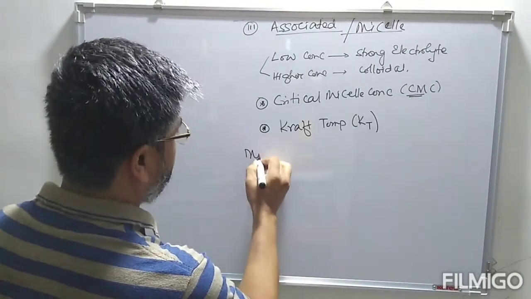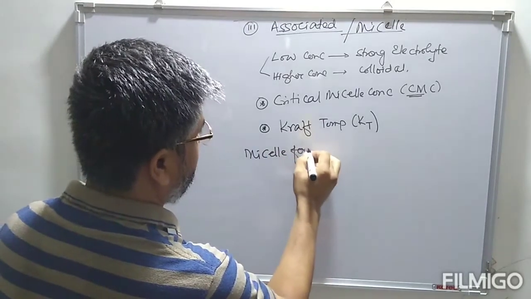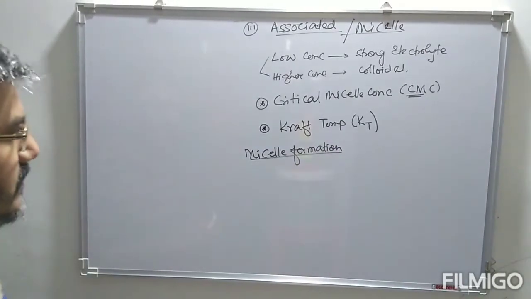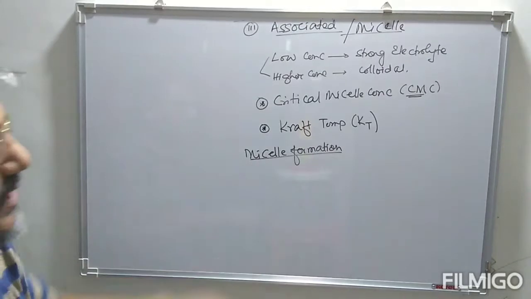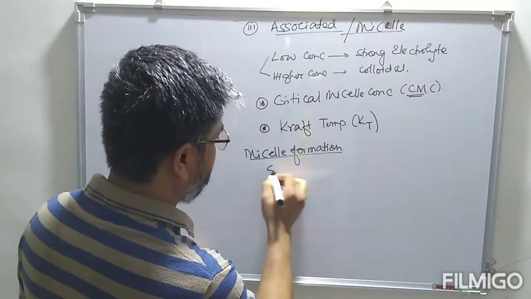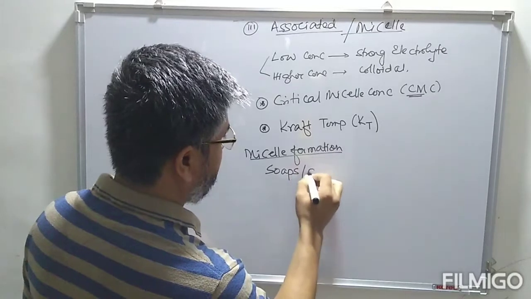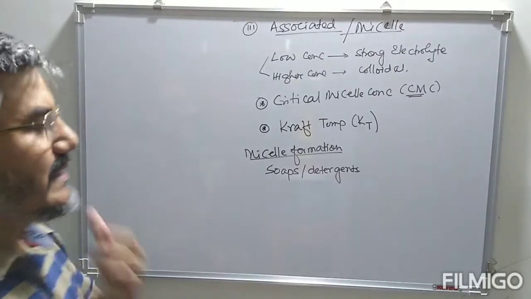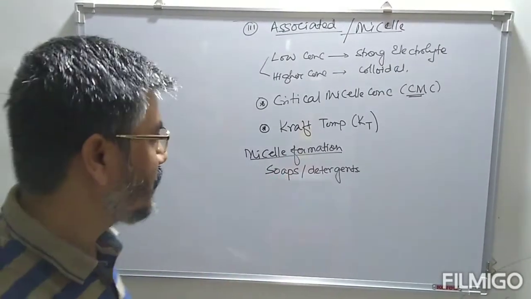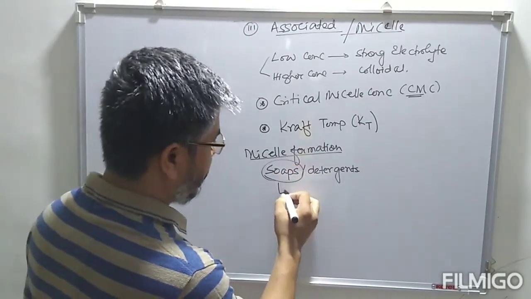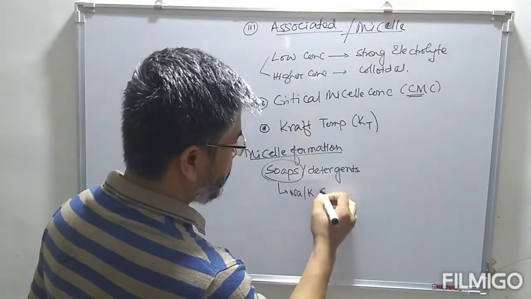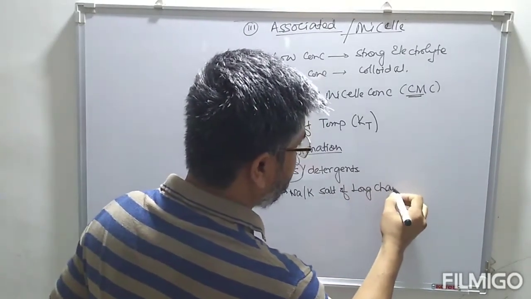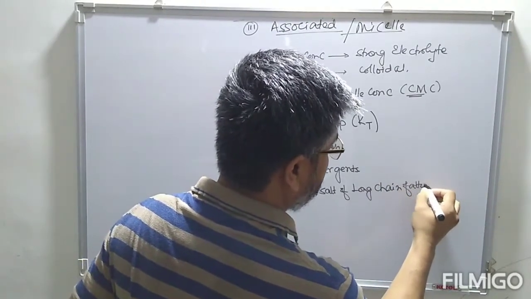Micelle formation. Now, to explain the micelle formation, we take the help of soaps and detergents. Normally, soap is defined as the sodium or potassium salt of long chain fatty acids.